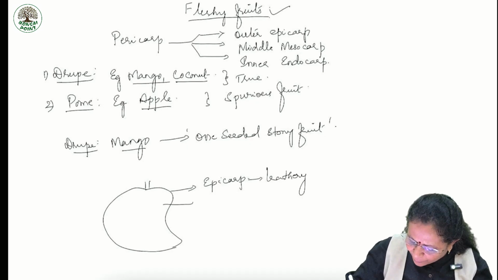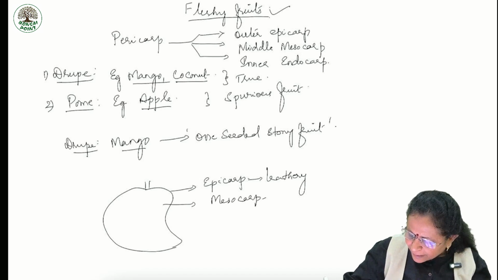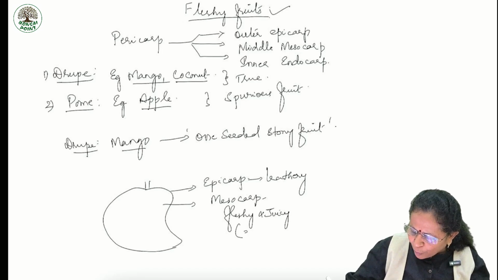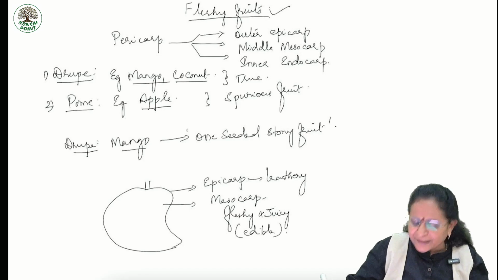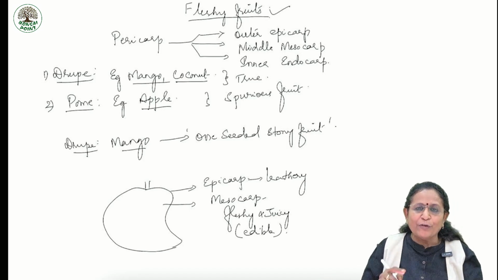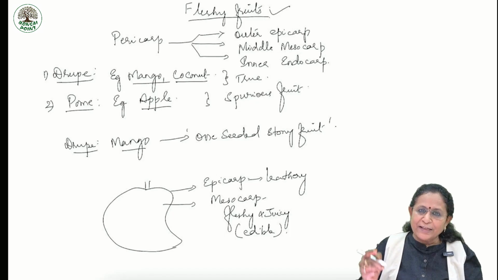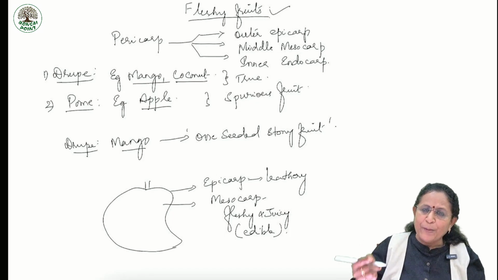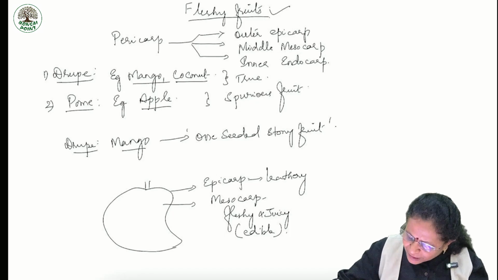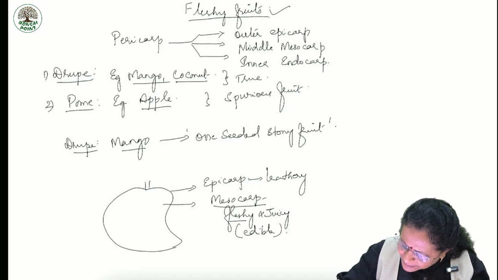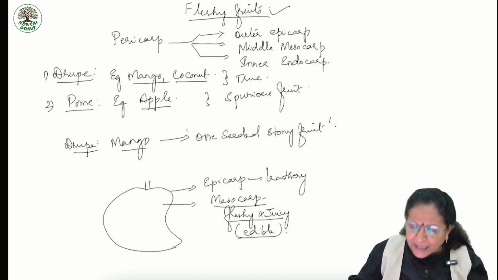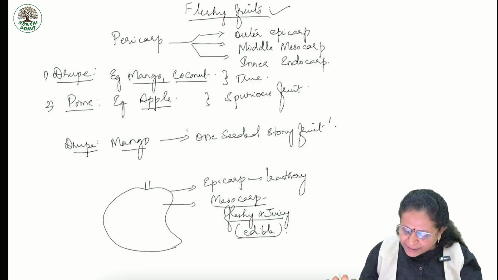Second, we have mesocarp, which is fleshy and juicy. So, this forms the edible portion. Which is the edible portion of mango? That is, in case of drupe, mango, which is the edible portion? We say mesocarp is fleshy and juicy, forms the edible portion that can be eaten.